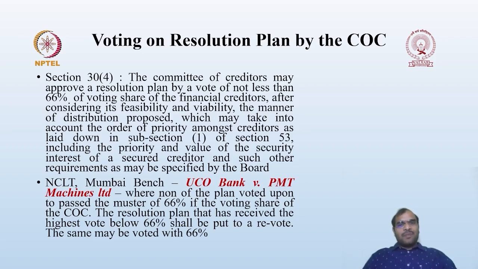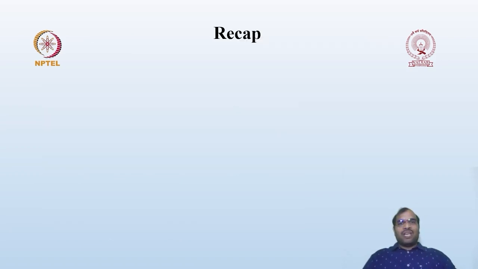In such cases, the resolution plan that has received the highest vote below 66% must be placed once again, and you have to conduct the revoting. Accordingly, if the same is voted with 66%, then such plan will be considered approved. That is how you are supposed to do the voting.